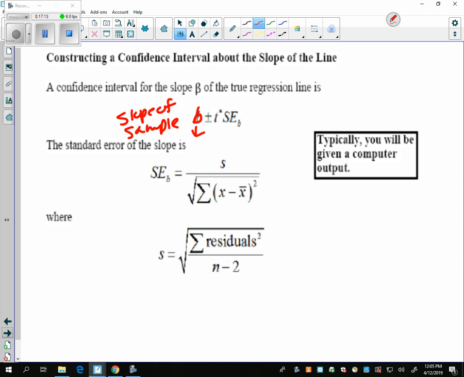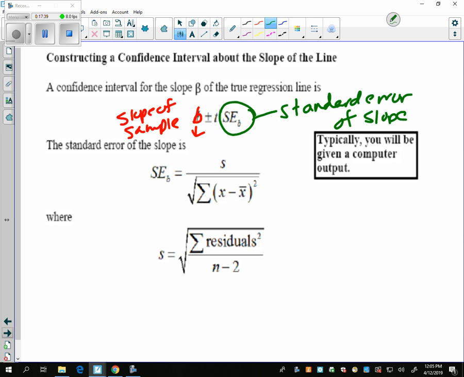That's what b is because it's little b. If it was big B, beta, then that would be the slope of the population. We already talked about that it's a t star. And then SEb is the standard error of the slope.